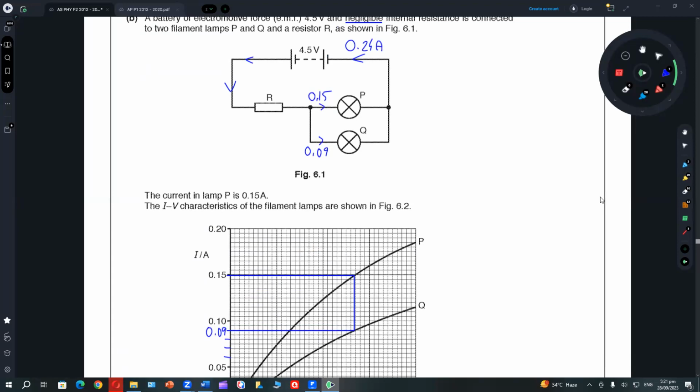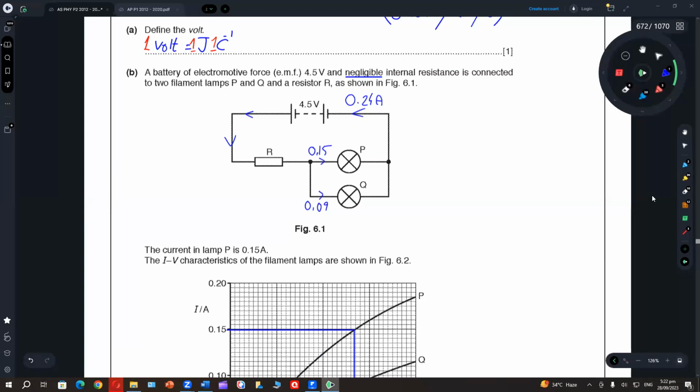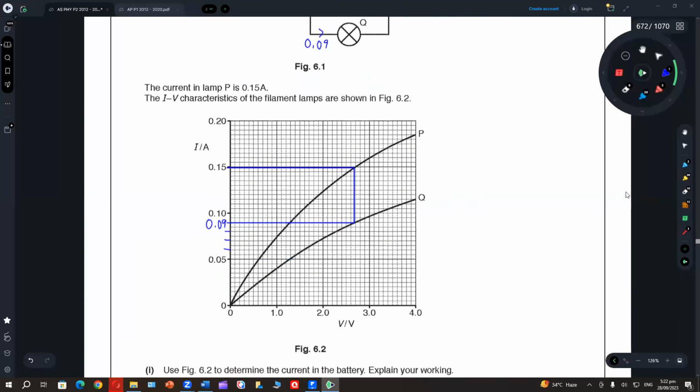Either I go for voltage division, or if I know the current and I know the voltage, I can find the resistance. So now make a plan and let me know how I can find the resistance. I have the data and I have a graph also. You can see the graph.